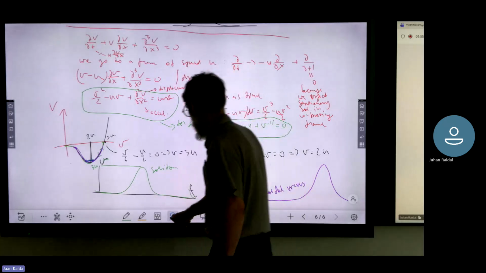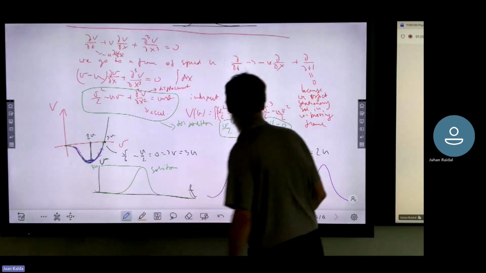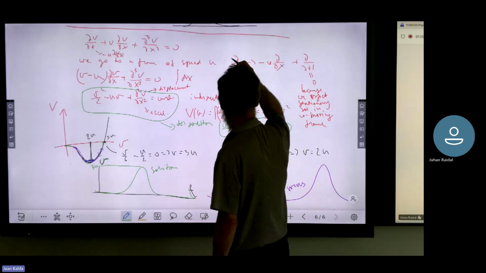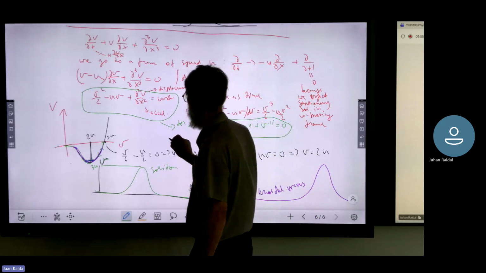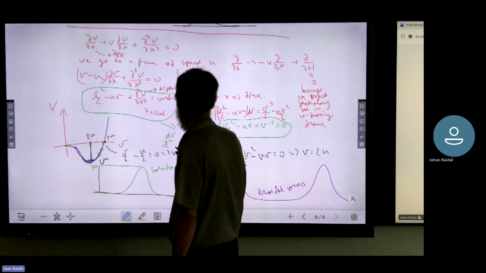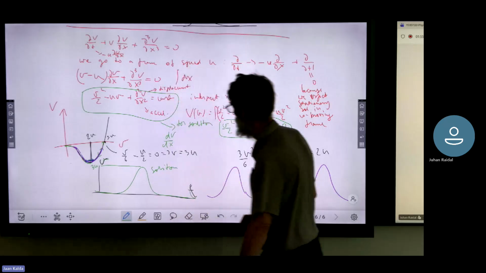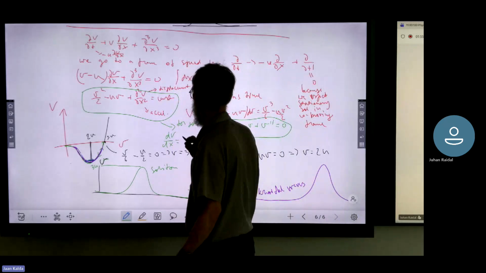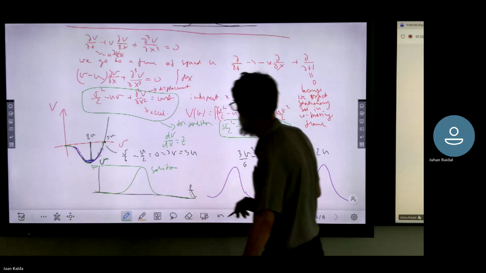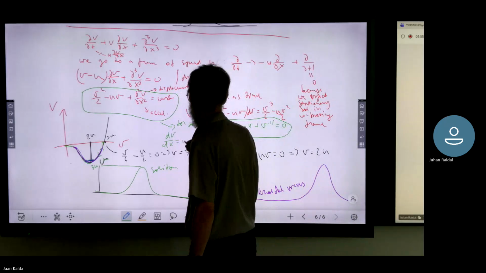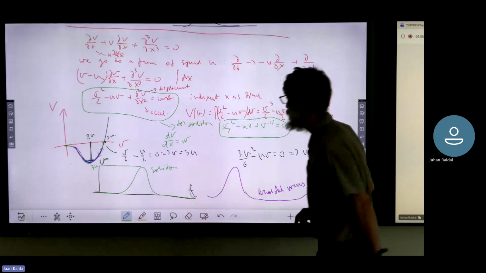Here we can look for a new variable: v prime, dv over dx, is our new variable. Let us say that it is w.